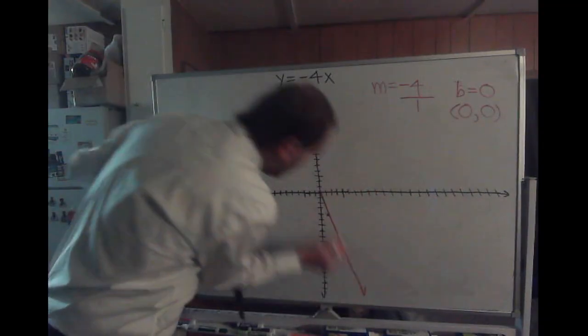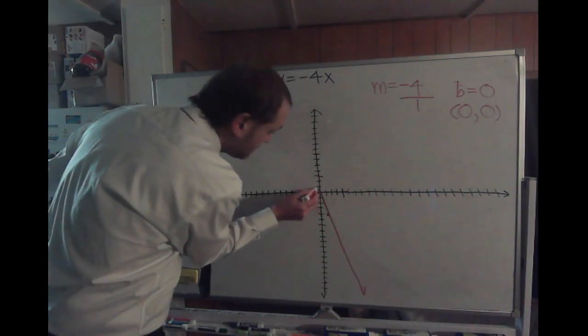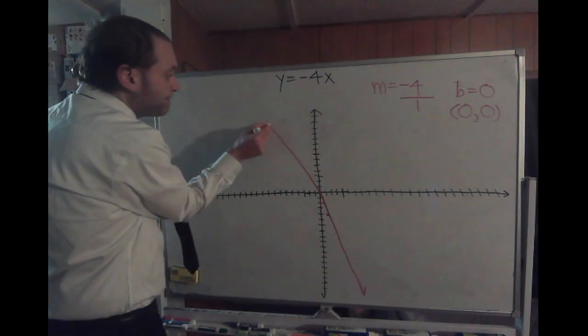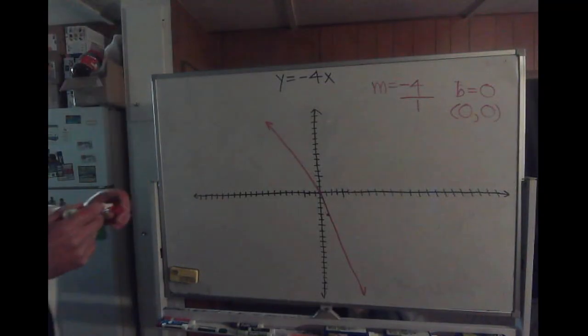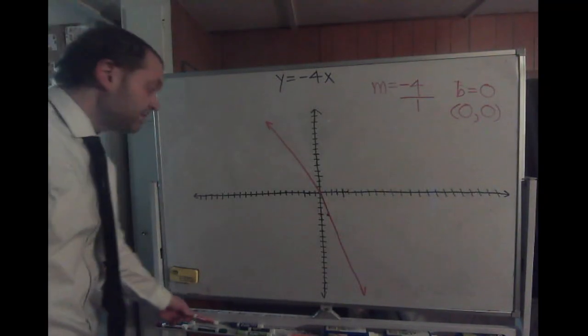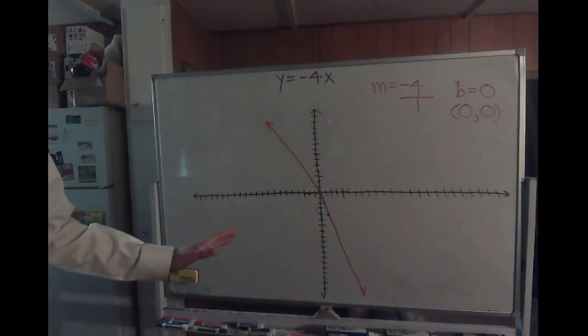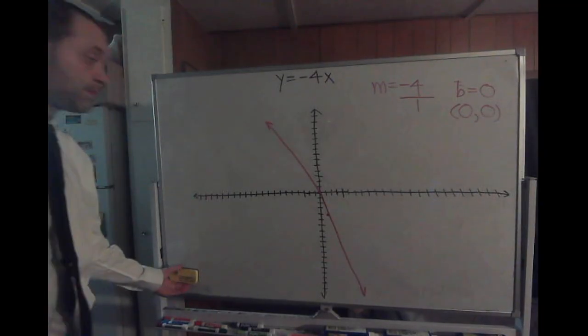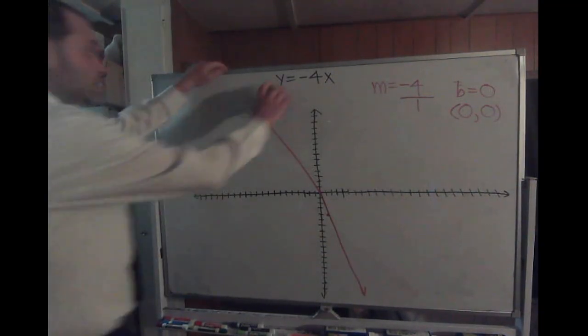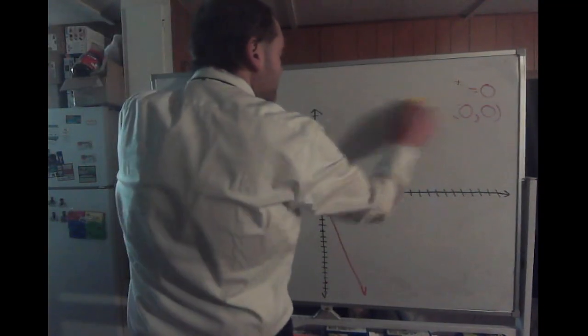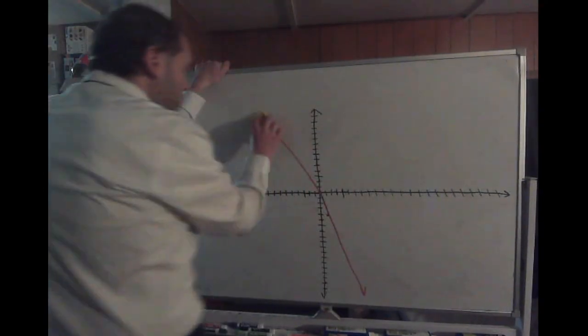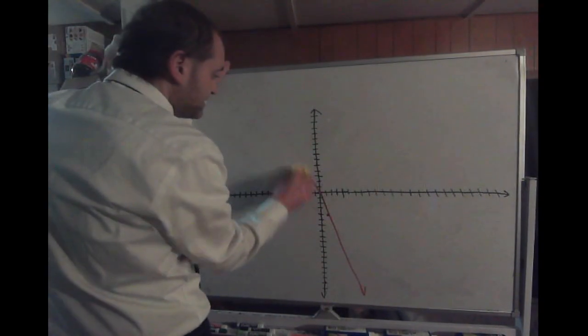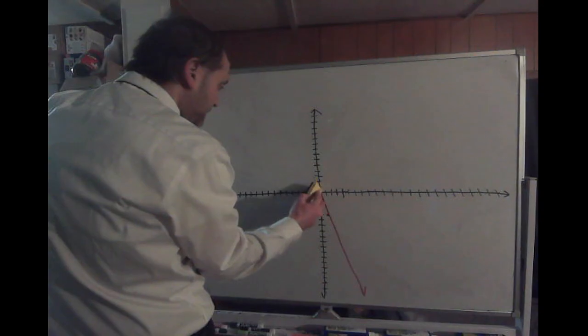Go ahead and connect the dots. And that's roughly what y equals negative 4x would look like when it's graphed. Three more with graphing, and then we're just going to do some equations, which will make stuff a little bit easier for you.